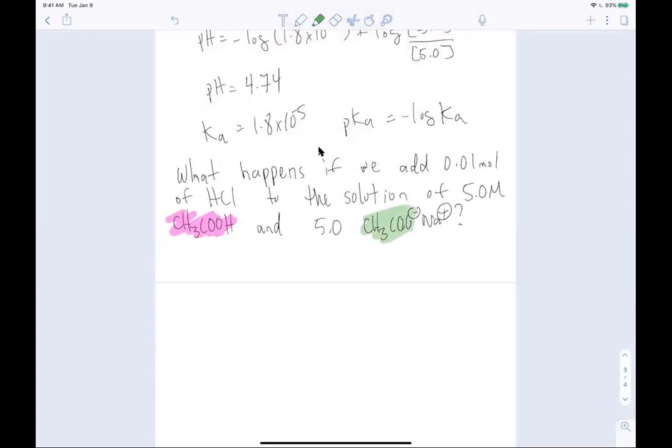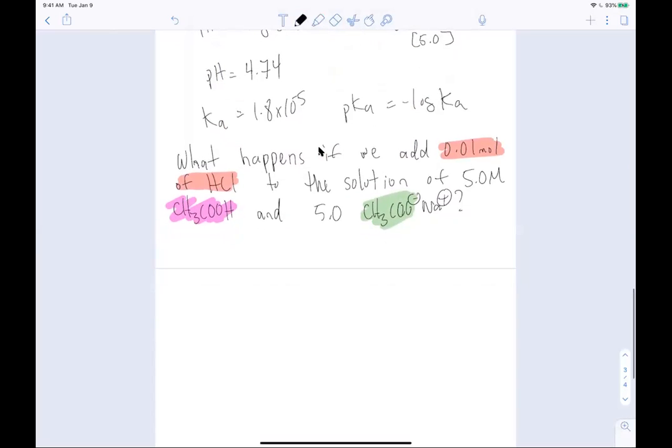Here we're adding in this strong acid. So if you're adding strong acid or strong base to a buffer solution, you're dealing with a neutralization reaction. So step one is write out the neutralization reaction for this. So we're adding in acid. What is the acid going to react with here? It's going to react with our conjugate base.